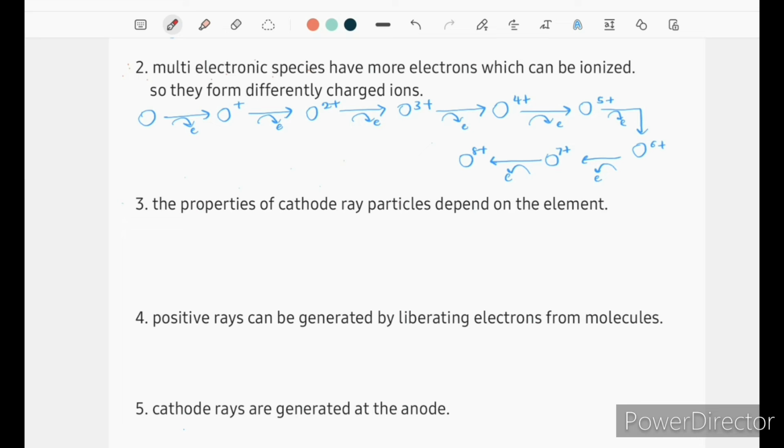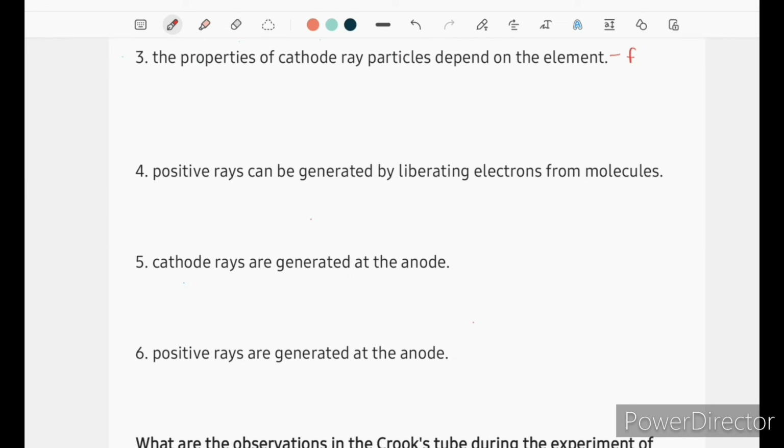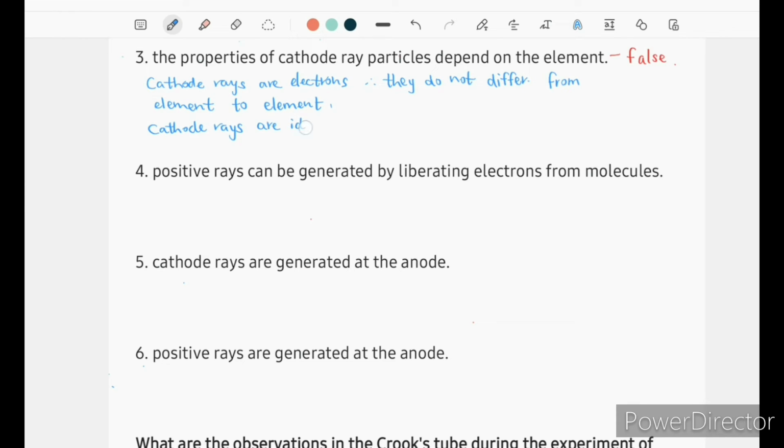Third statement, the properties of cathode ray particles depend on the element. This statement is false. Cathode rays are electrons, therefore they do not differ from element to element. Cathode rays are identical.